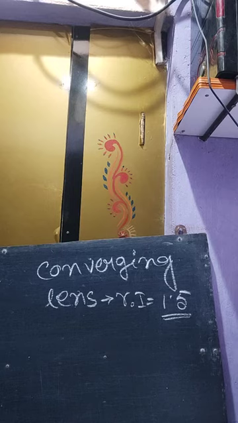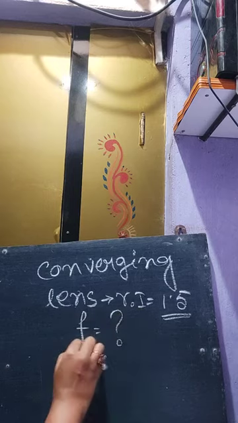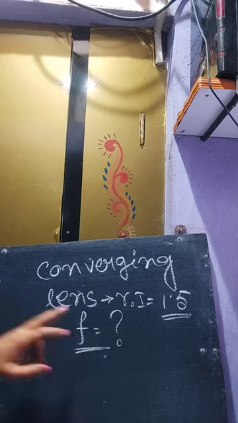Please don't worry, I will provide you the questions with the answers which I am discussing. Now, what will be the focal length of the lens in this medium? So, you need to find out the focal length of this converging lens.